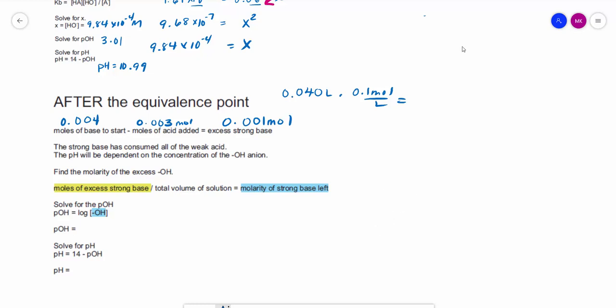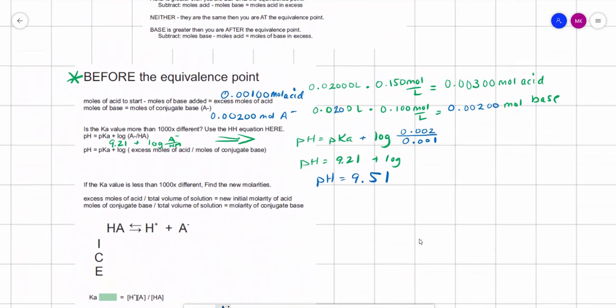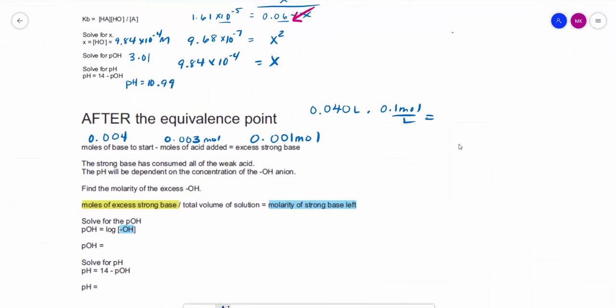That means that the weak acid is not going to be affecting anything anymore. We are only working with the strong base. We had a 20 milliliter solution of acid to start with. We just added 40 milliliters of base, so my total volume is 60 milliliters.